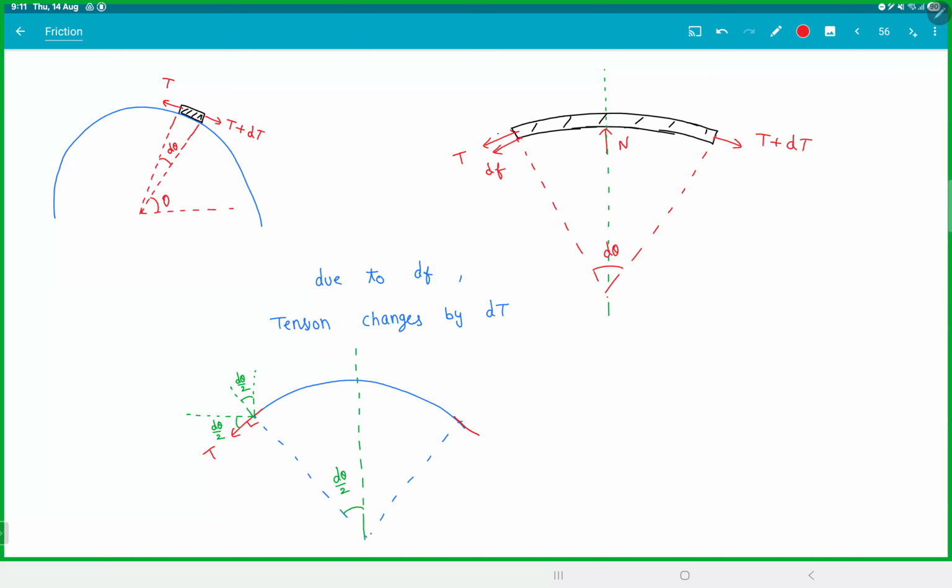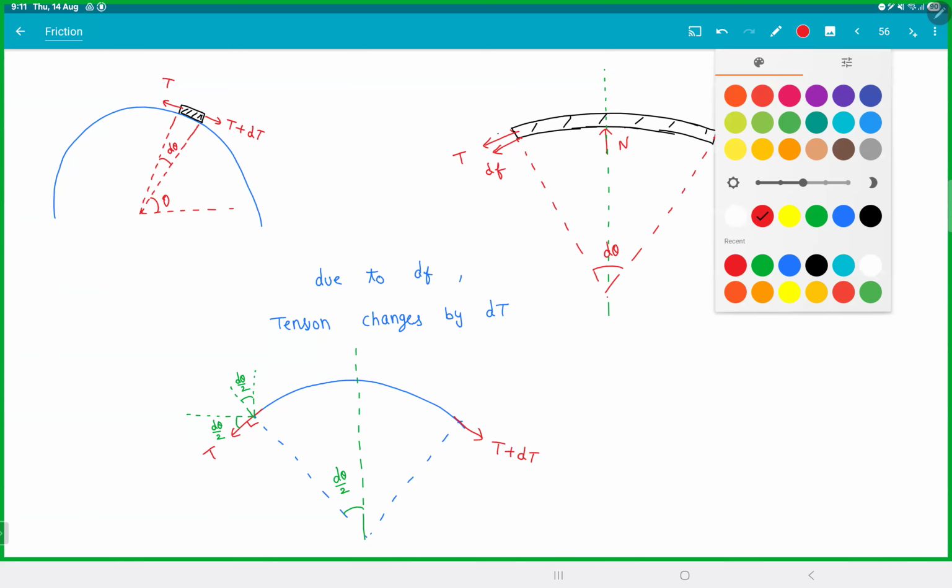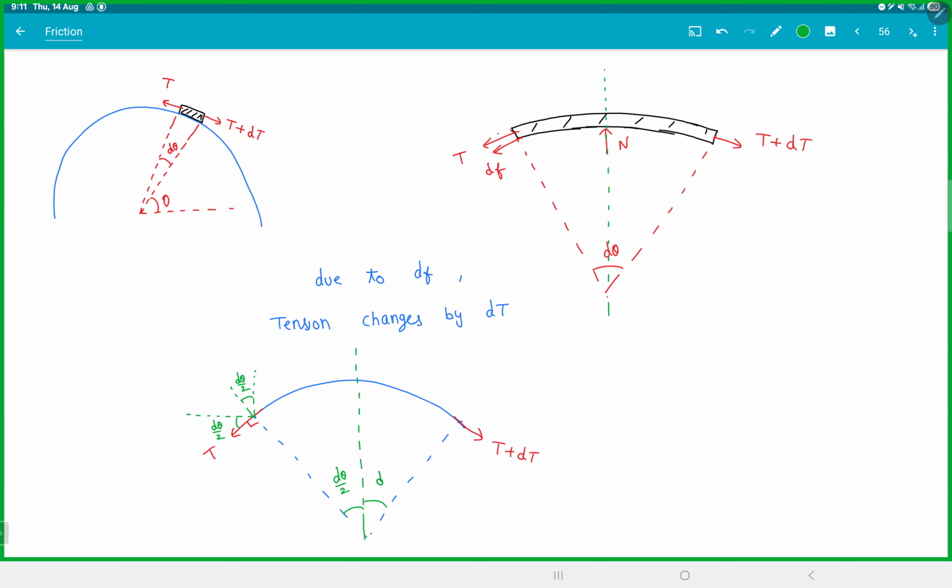Similarly for this tension also, T plus dT, if I use the same logic, d theta by 2. Again, see how I did this. This line and this line are parallel, so alternate angles. This angle will be d theta by 2. Then this angle will be 90 minus d theta by 2. These two are 90 degrees because it is a tangent.